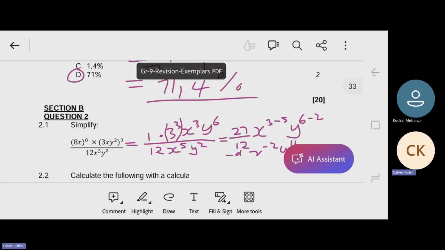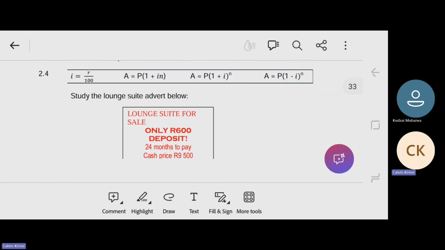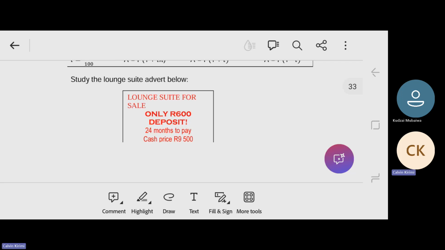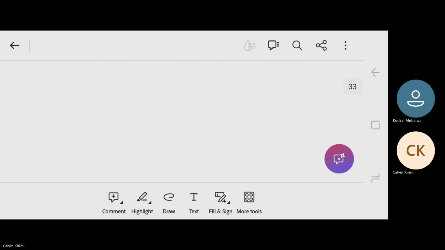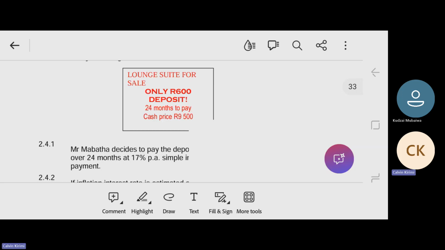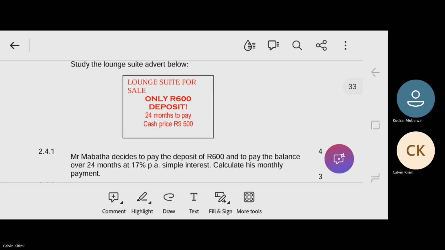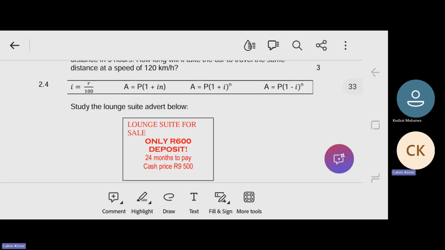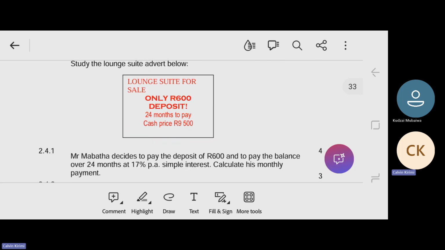All right, so let's continue. If you want to pay a deposit, you pay 600 and then you pay in 24 months.